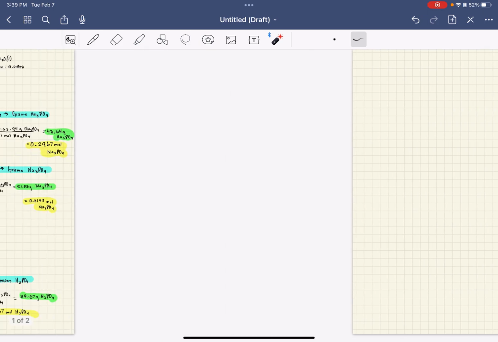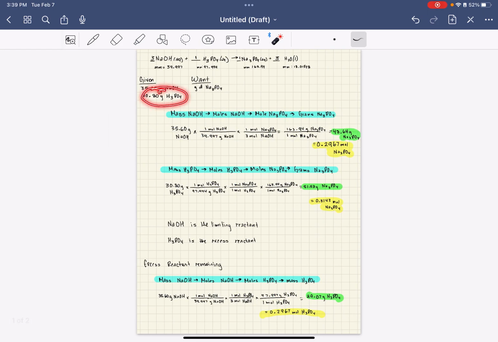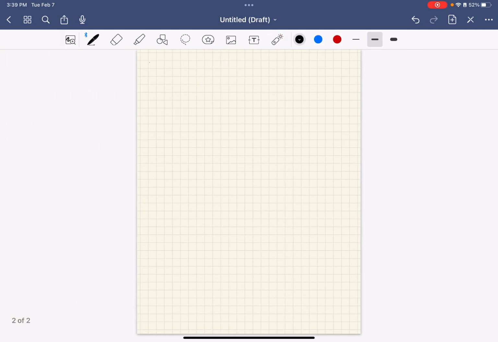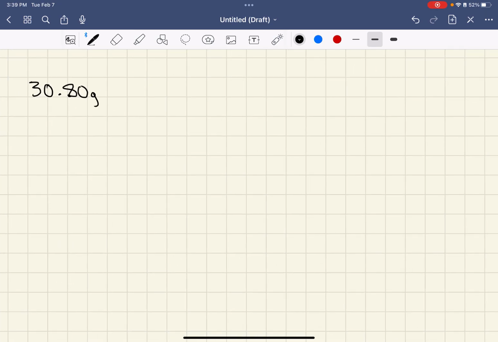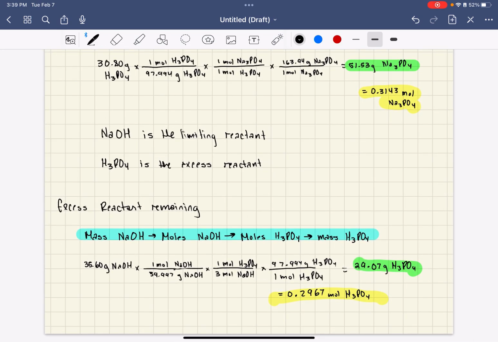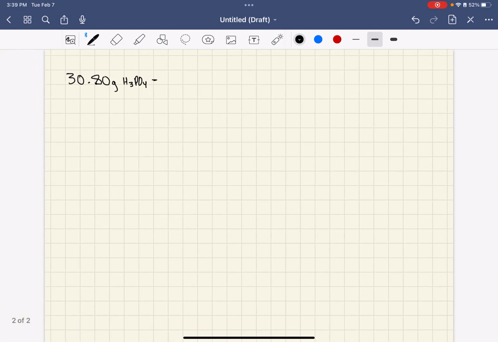It was given 30.80 grams of H3PO4, minus, again, 29.07.